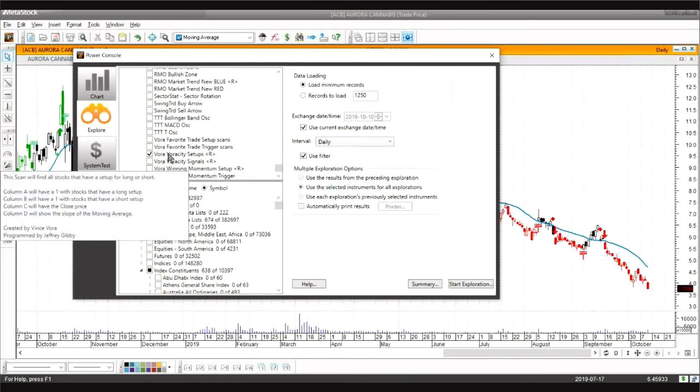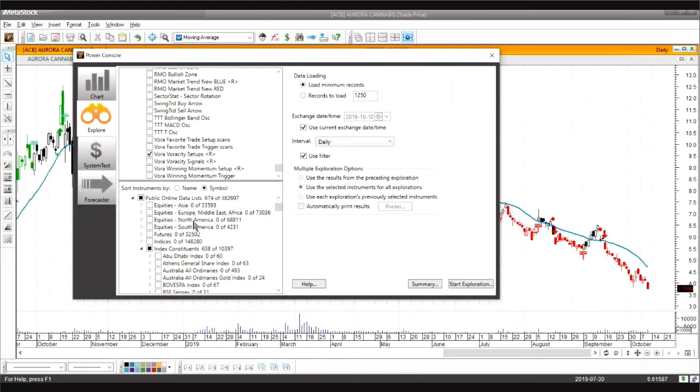So I want to search for the setups. I want to see what new trades are coming in. Then you go to this section here and you pick your markets. So I have the Dow Jones, I have the NASDAQ marked off, the S&P 500. Let's just do the Dow and the NASDAQ for now. You come to the right, select your time frame.